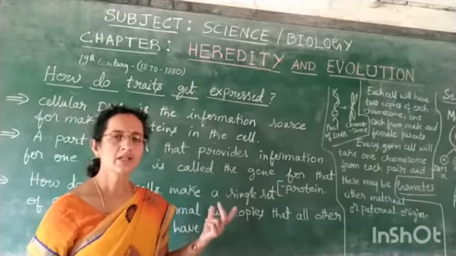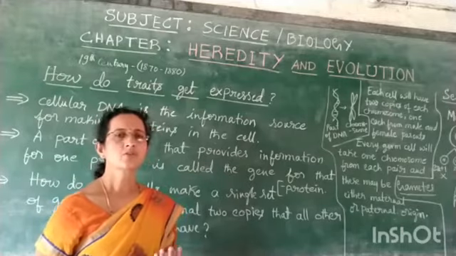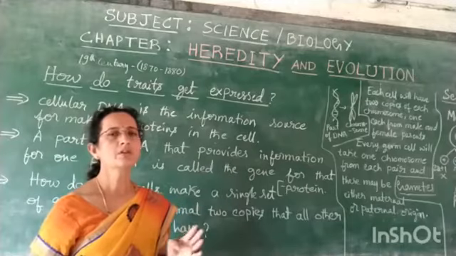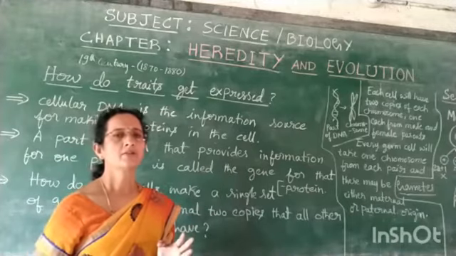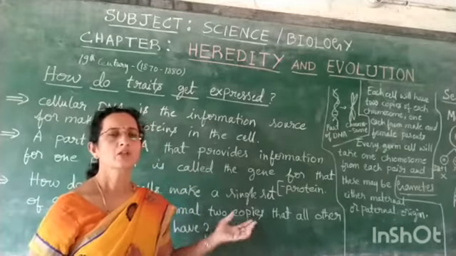Considering those two characters, we obtained 4 types of plants, 9, 3, 3 and 1. These were the 4 types of plants obtained, where we got the ratio 9:3:3:1.